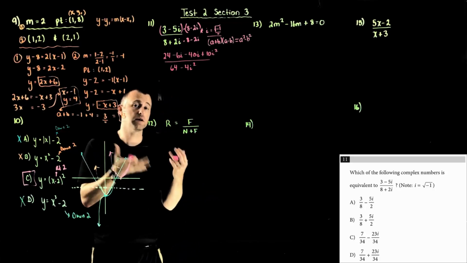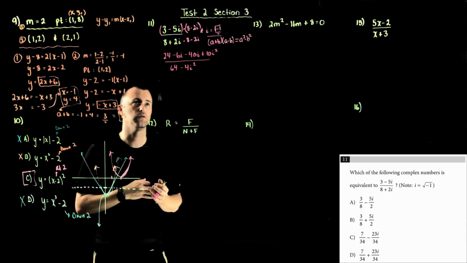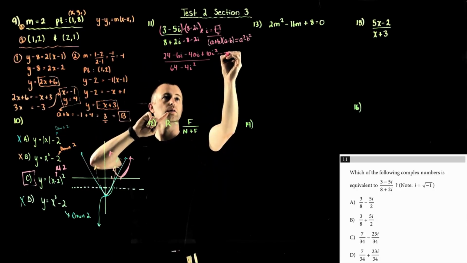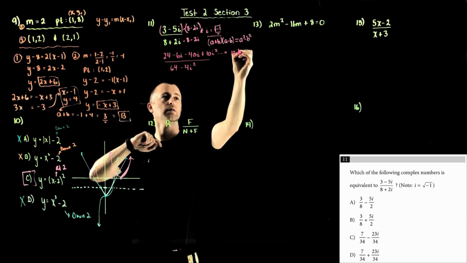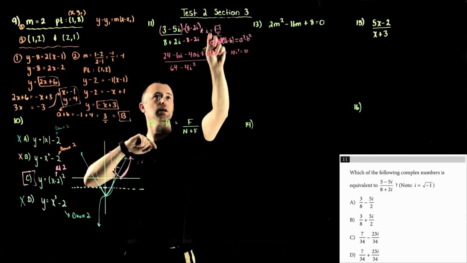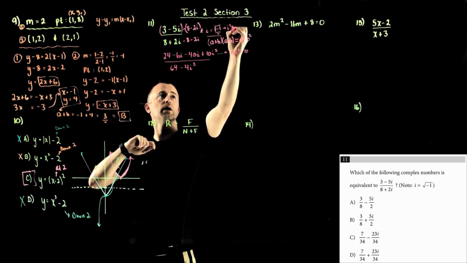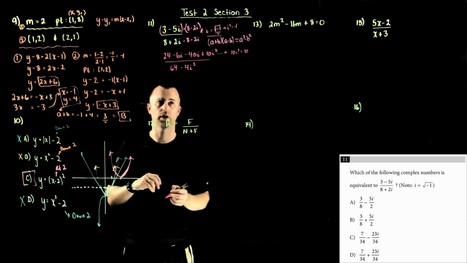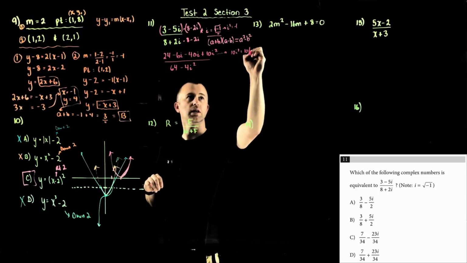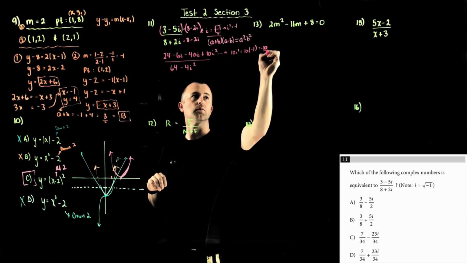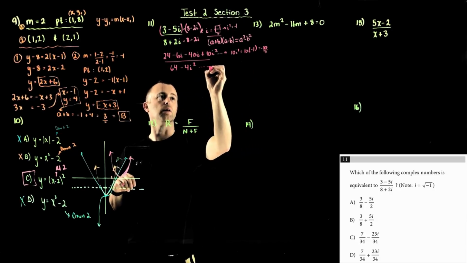What's going to happen is I shouldn't have a radical on the bottom when I do this right. Next, note over here, 10i squared: because i is the square root of -1, i squared is equal to -1. So this becomes 10 times -1, which is -10. Same thing over here.